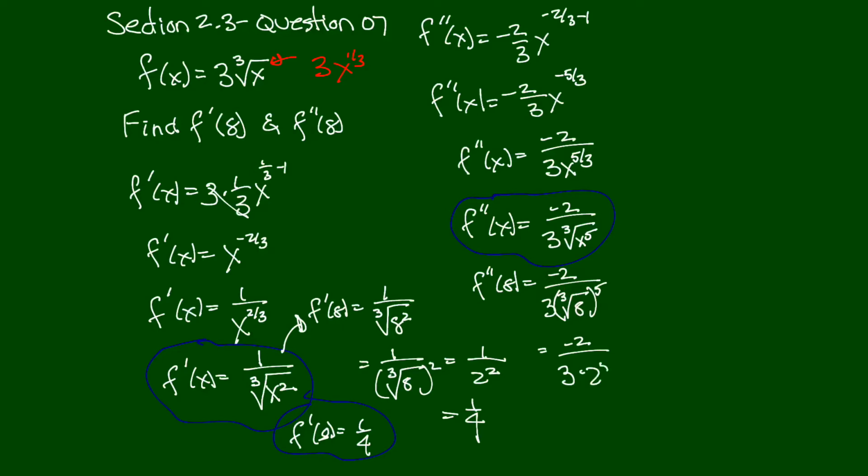So we'll get 2 to the 5th, negative 2 over, now 2 to the 5th is 32. So we'll get 3 times 32, but then this 2 will go into here 16 times, so here's what we're left with. Negative 1 over 3 times 16 is 48. Okay, so f double prime of 8 is negative 1 over 48. Let me circle that so I don't lose that one.